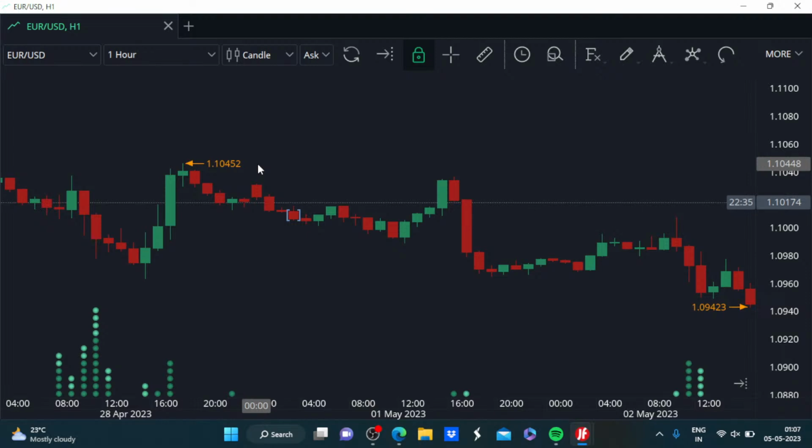So once this formation takes shape on the chart, you can start looking for further signs of reversal.